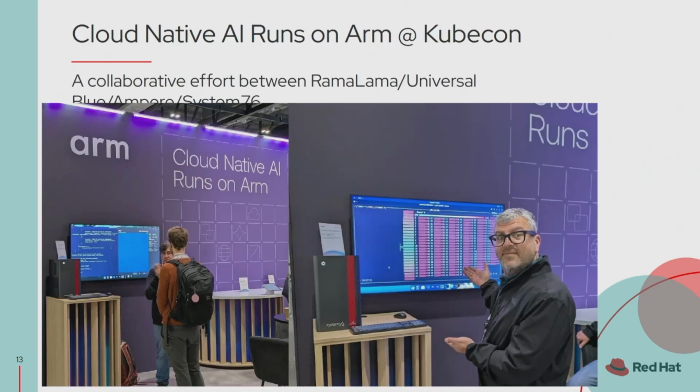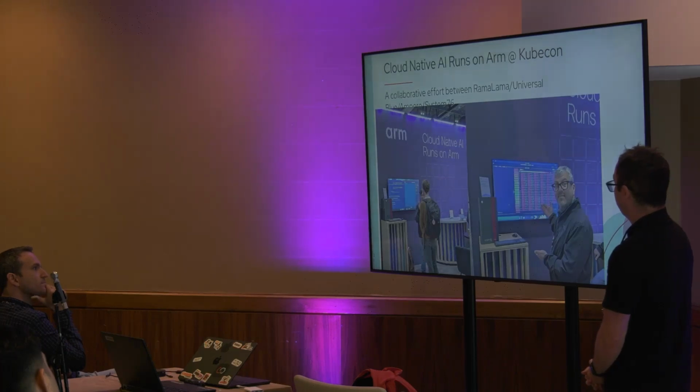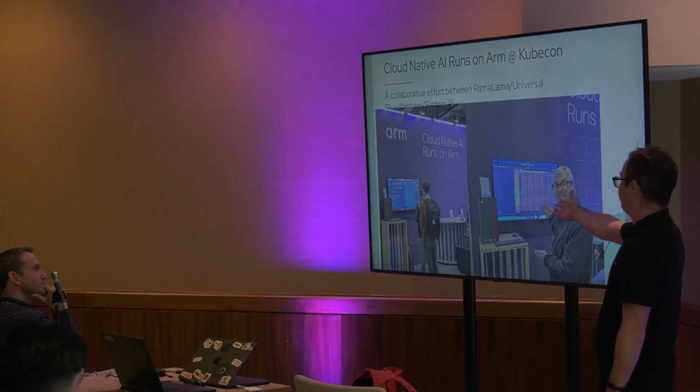Yeah, and here's an example of a collaboration we did recently for KubeCon. Basically, as I said earlier, Universal Blue are a fan of our approach, and so are Ampere. Ampere were playing around with RamaLama, and they said this actually runs really well on their hardware. So at KubeCon, this is just a demo they were doing.